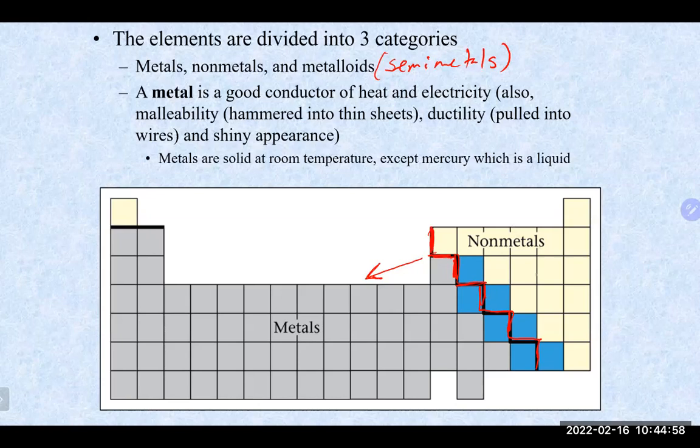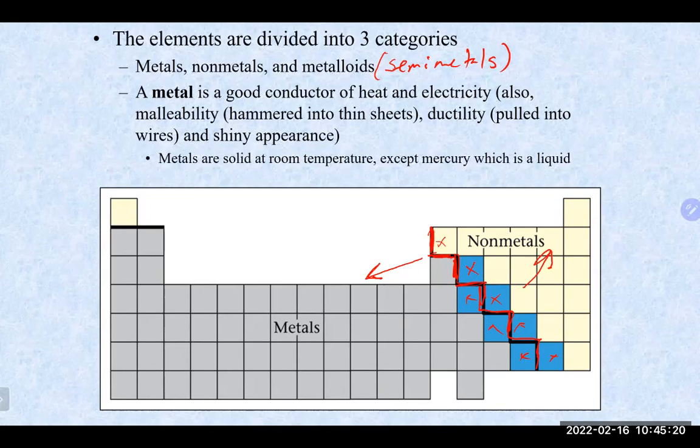To the right and upper part of the staircase is where we find nonmetals. And on the staircase is where we find our semi-metals, our metalloids. Some books also include boron in that. I think your book might, some books don't, but that's the staircase that comes down.